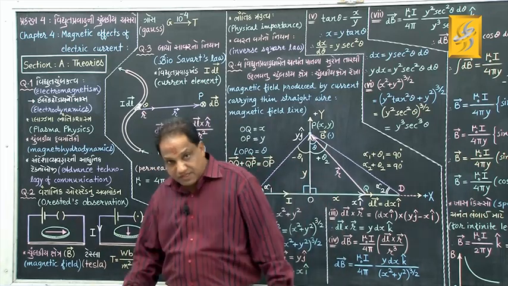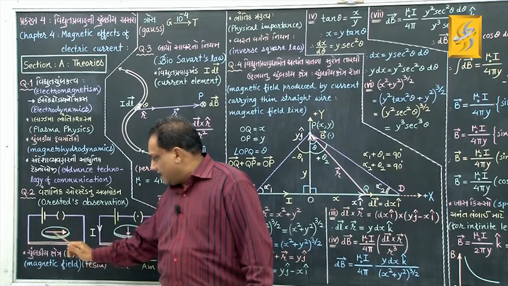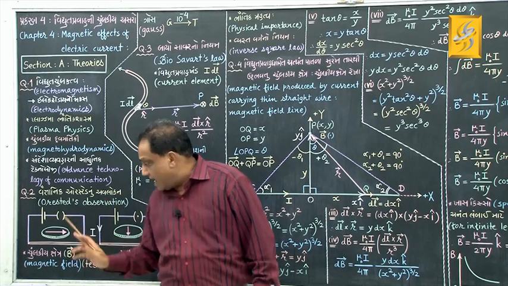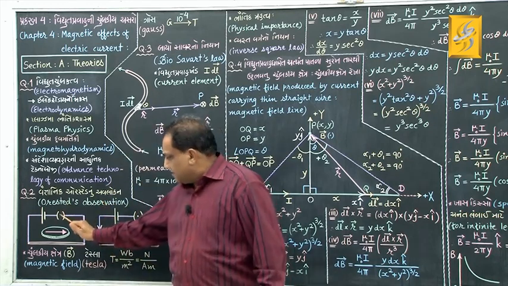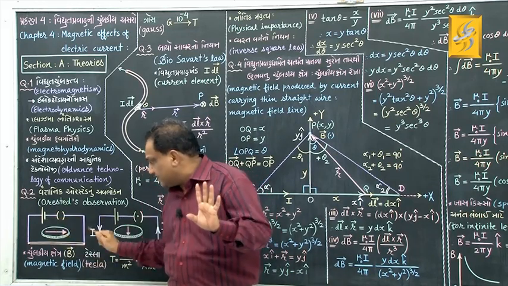Consider this figure at present, in which one battery, one key and one conducting wire, say a copper wire, are connected. At present this key is open, so no current is flowing in this circuit.